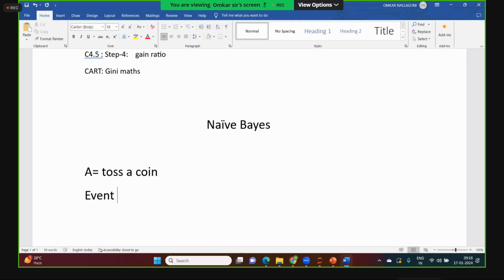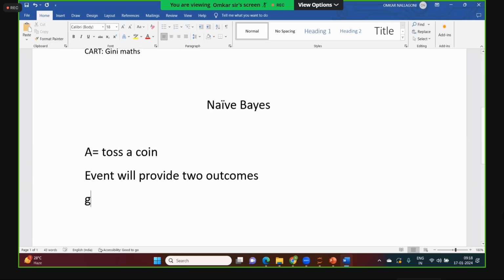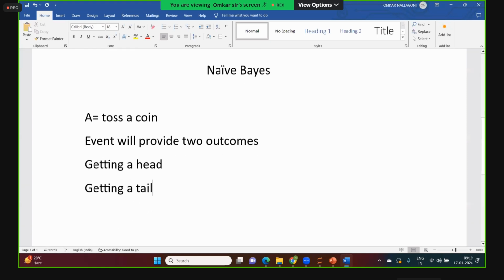This event will provide two outcomes: one is getting a head and the other is getting a tail.